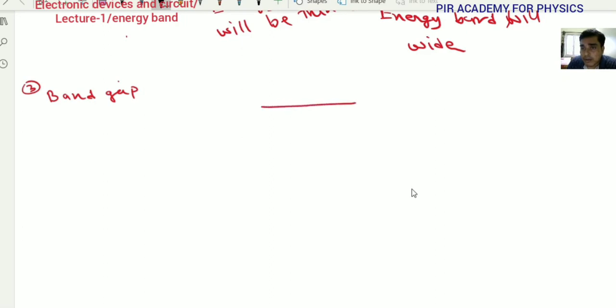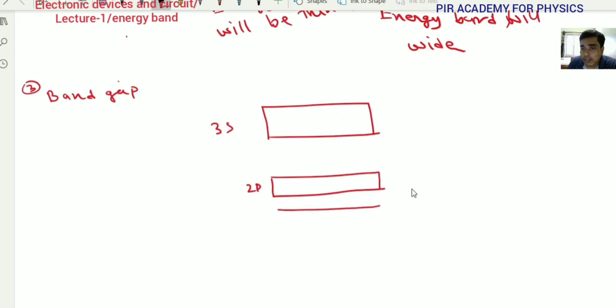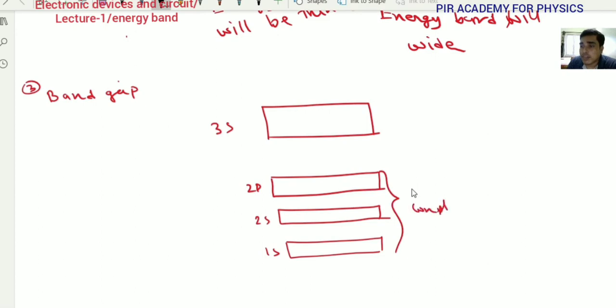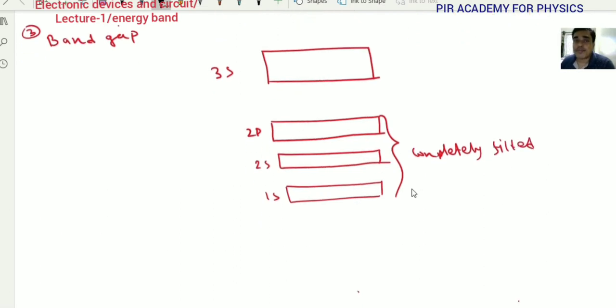Here I have the 3s energy level for sodium, this is 2p, this is 2s and this is 1s. These are completely filled. Here, what is the band gap in this condition?